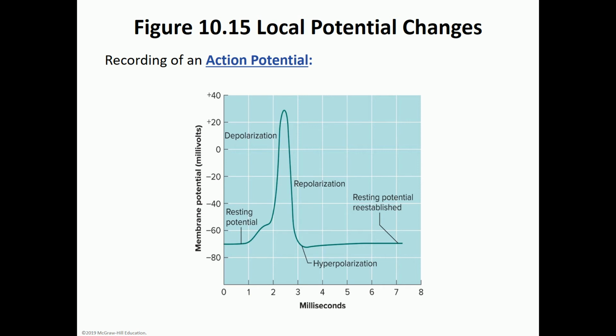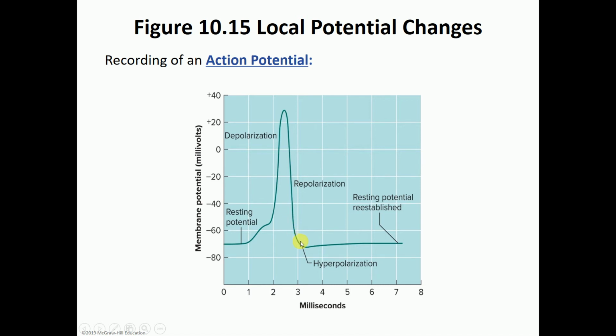Remember, potassium concentration is higher inside than out. So potassium will rush out of the cell. Potassium ions that are positive are now rushing out of the cell. That would lead to repolarization.